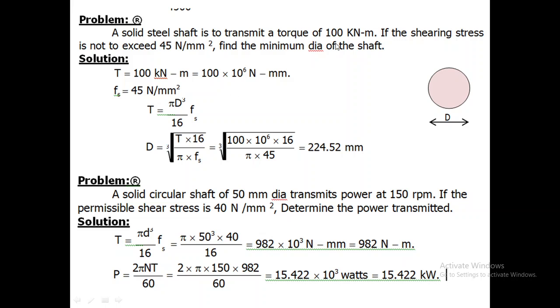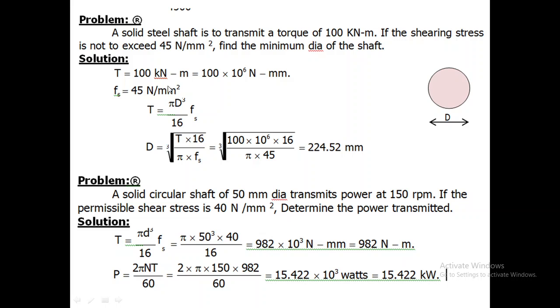And here you must understand that the torque is given in kilonewton meter and the stress is given in Newton per millimeter square. So you should take uniform units while calculating. The torque is given in kilonewton meter, it is converted into Newton millimeter, and we are taking the shear stress in Newton per millimeter square. The millimeters and millimeters, the uniformity of the units is maintained.